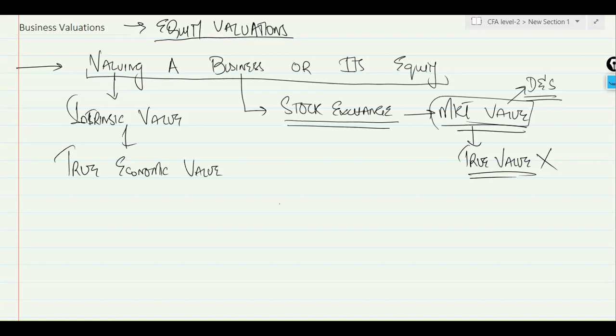So in this reading, we will not be computing the market values, or be interested in the values reported on the stock exchange. We are computing the true economic value of the business or of the asset.